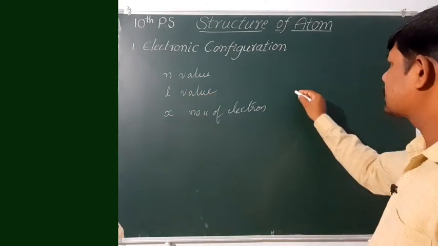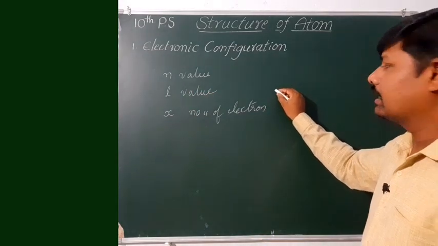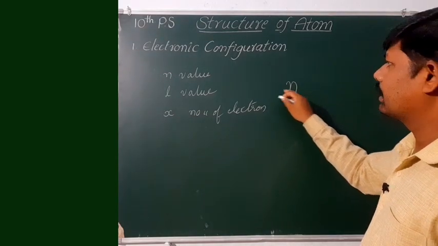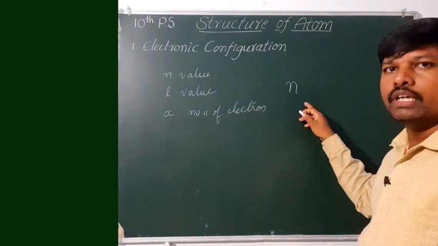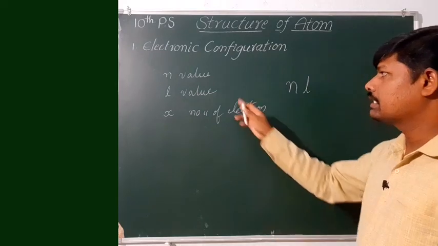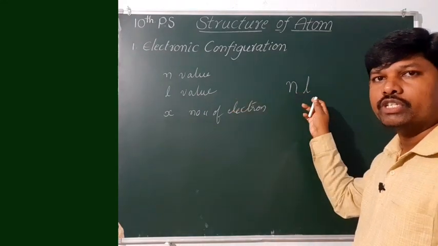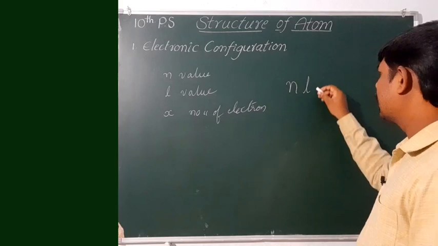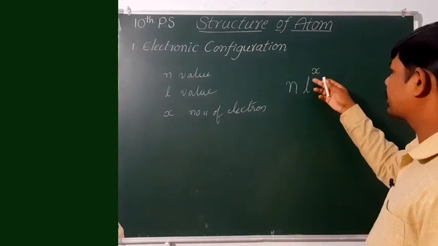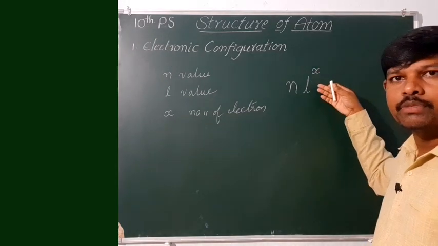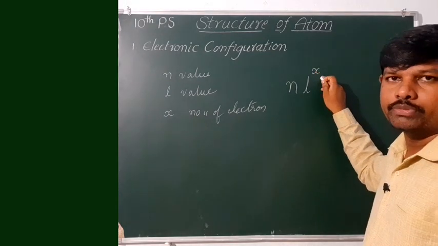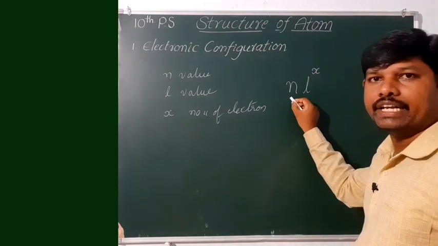Now let us write the shorthand notation like this. N represents the main shell energy level, N value, and L represents the subshell energy level, L value, and the number of electrons we write as the superscript of the L, that means just above the L. So here what is N?